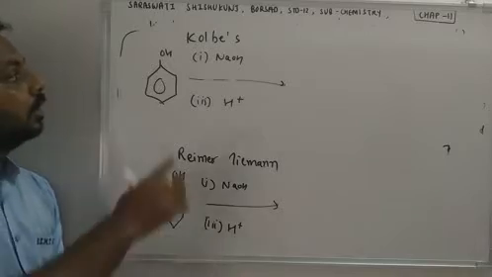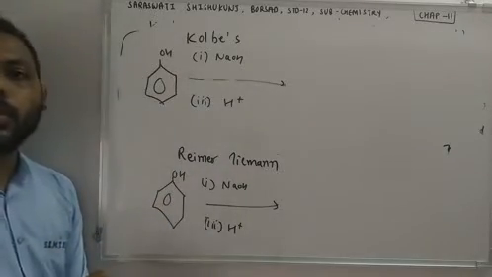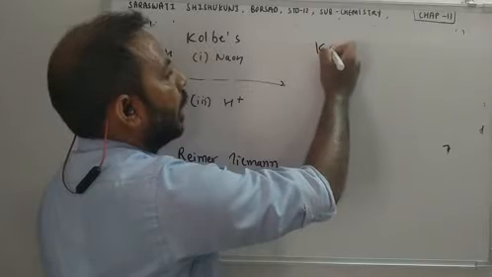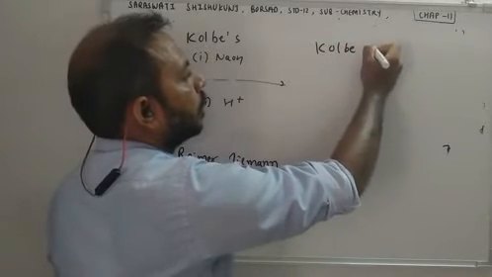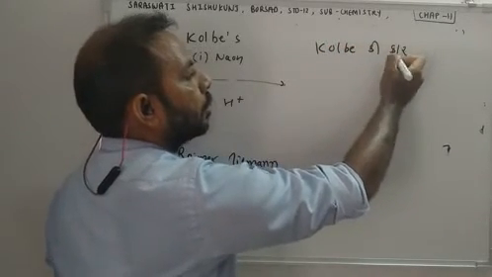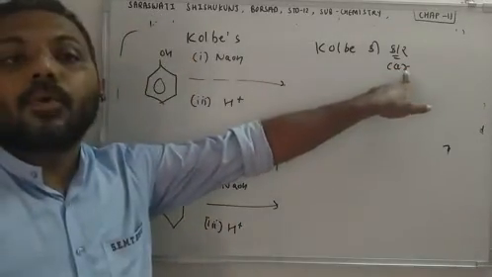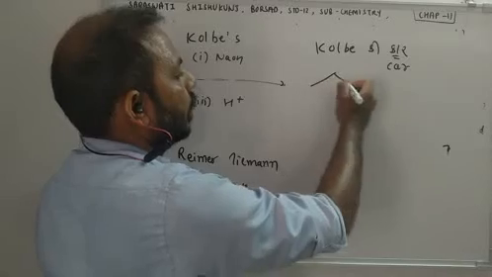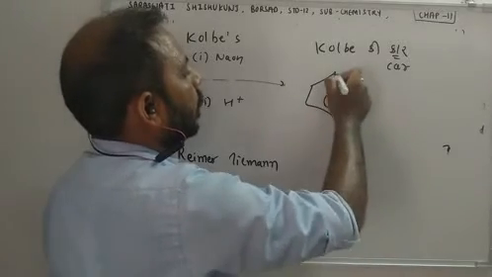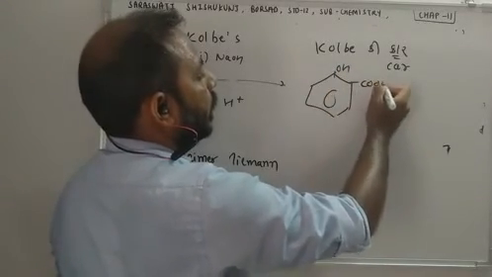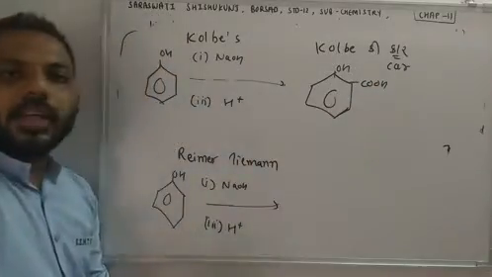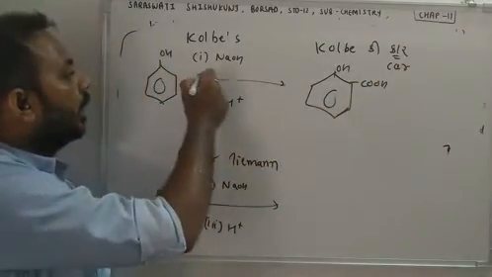Now this is Kolbe's reaction. So remember, Kolbe ki car. Car means carboxylic acid. So here we are getting a carboxylic acid, and for the carboxylic acid we require CO2.